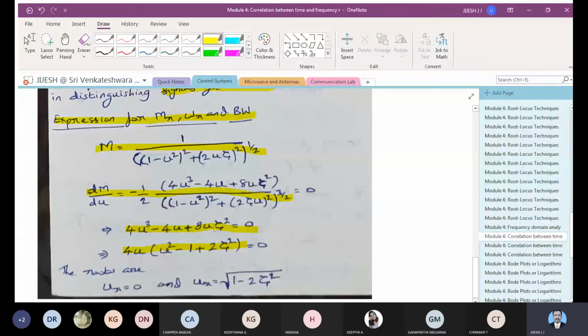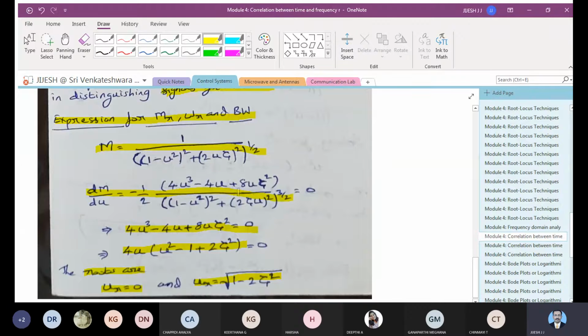Once you get the equation after differentiation for dM by du, and you equate the numerator to 0, you can simplify this and find the roots. When you find the roots of 4u cube minus 4u plus 8u zeta square equal to 0, you get ur equal to 0 as one root, and ur equal to root of 1 minus 2 zeta square.